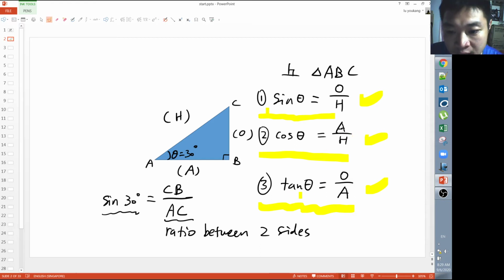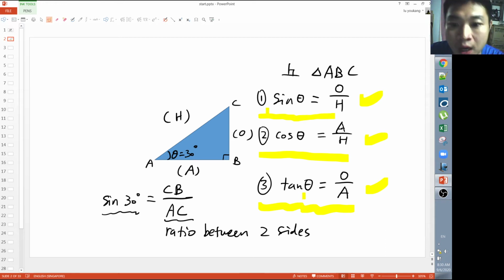And last but not least, if you take tangent of an angle, you will get a ratio between two sides. Okay, and you will start to see the ratio is different for sine, different for cosine, and different for tangent.